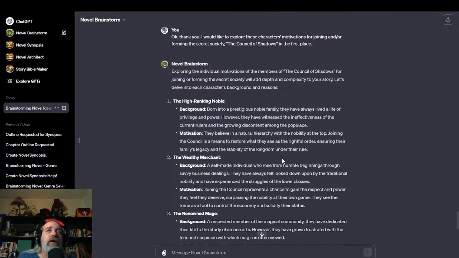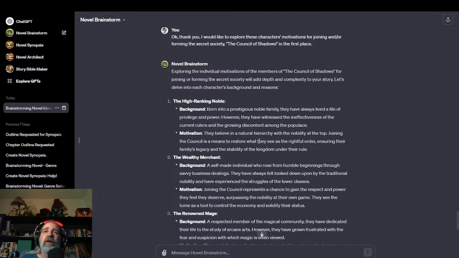Now, again, for authors coming from the I want to try AI side, first of all, a token is like a part of a word. It usually is about 4 tokens to 3 words. That's just a general ratio.